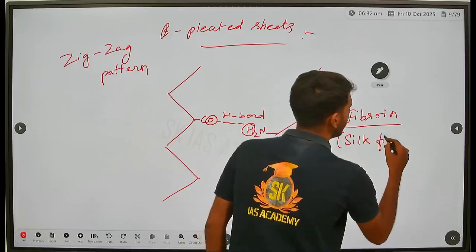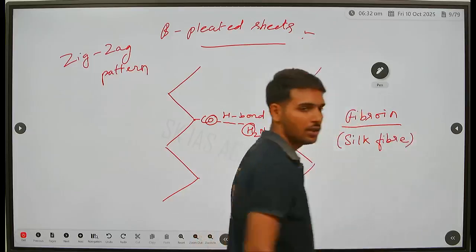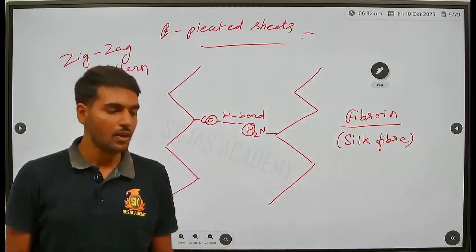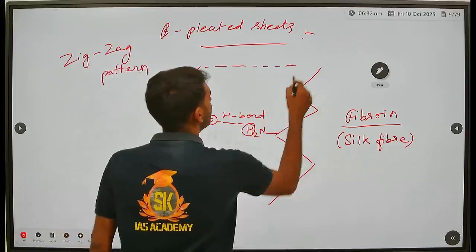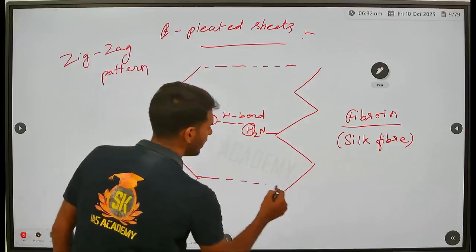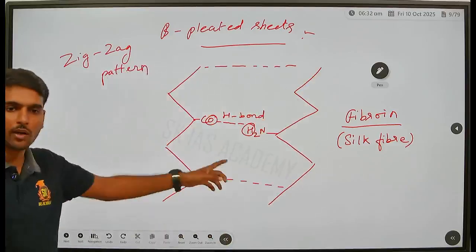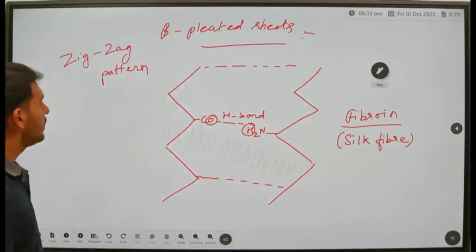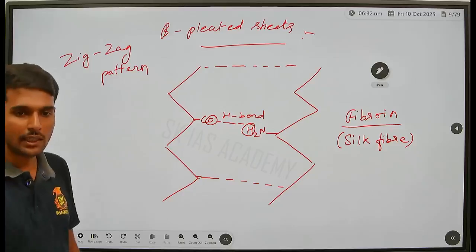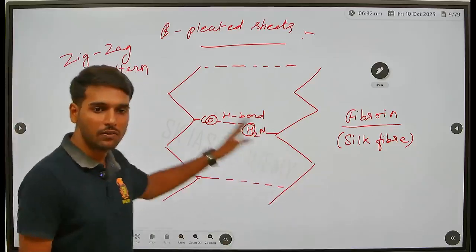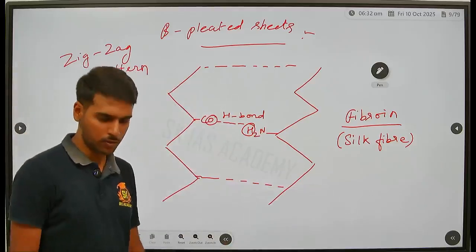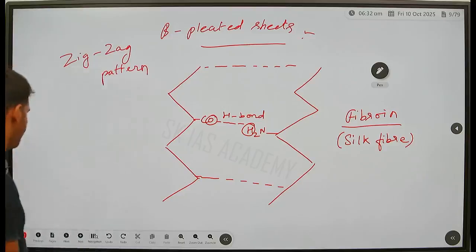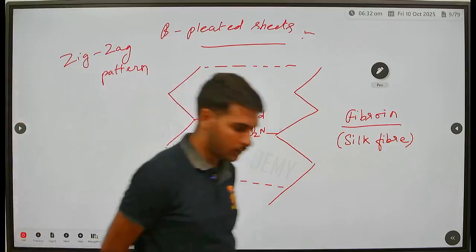It is considered to be your silk fiber. Got it? So this is your beta pleated sheets. Such hydrogen bonds are seen at every level, not just at one place. You have seen the example, the pattern, and the pattern of hydrogen bonding also. Take up the notes.